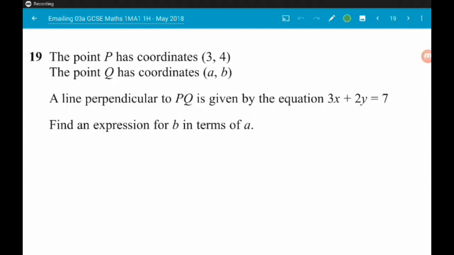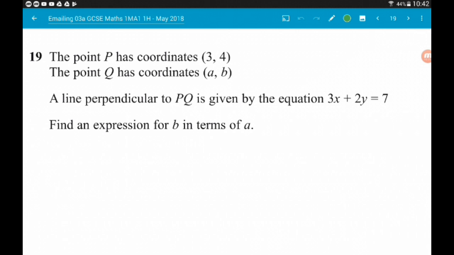Okay, now we've got 2 big 5 markers to finish off on. Lovely. So question 19 says that point P has coordinates 3, 4, and point Q has coordinates A, B. A line perpendicular to PQ is given by the equation 3x plus 2y is equal to 7.